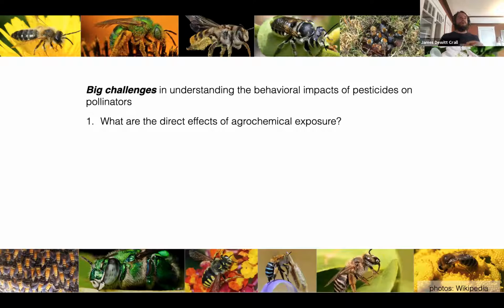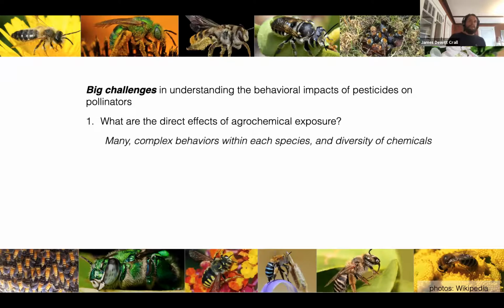And so we want to understand what any particular chemical does to not just a single behavior, but the complex suite of behaviors. And that's also true for all of the enormous variety of neuroactive pesticides that we're putting into the environment, that can have quite different effects because of different toxic pharmacology and chemical level effects. So that's one challenge, just understanding the direct behavioral effects across this behavioral suite.